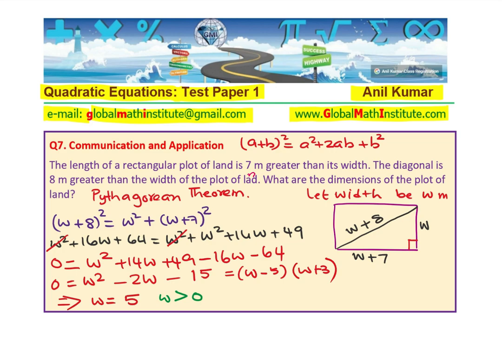So the dimension should be what? So we get our answer from here, and that is width W equals 5, and therefore the other dimensions are what? So we have 5 plus 7, which is 12, right?